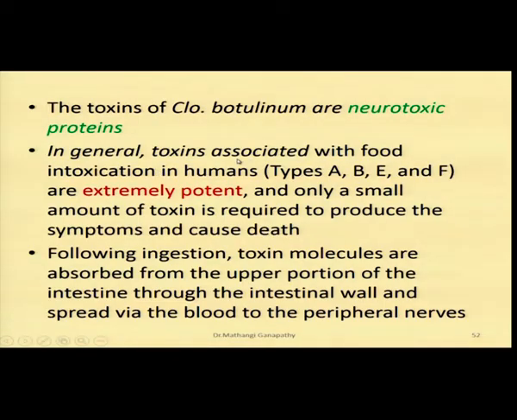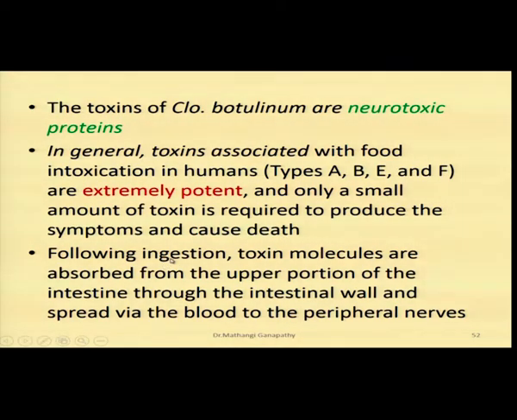In general, the toxins associated with food intoxication in humans, A, B, E and F, are extremely potent, meaning extremely toxic, extremely poisonous, and a very small amount of toxin is enough to produce the symptoms and cause death.